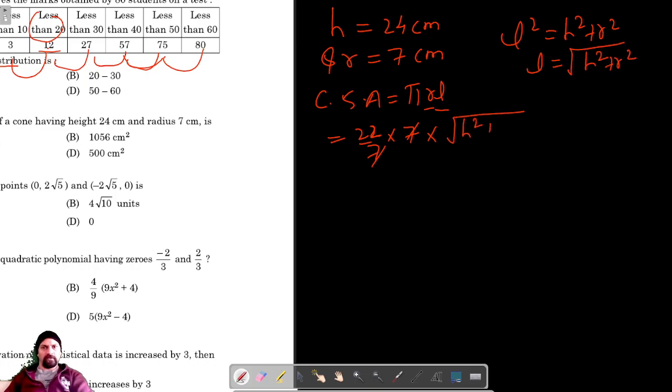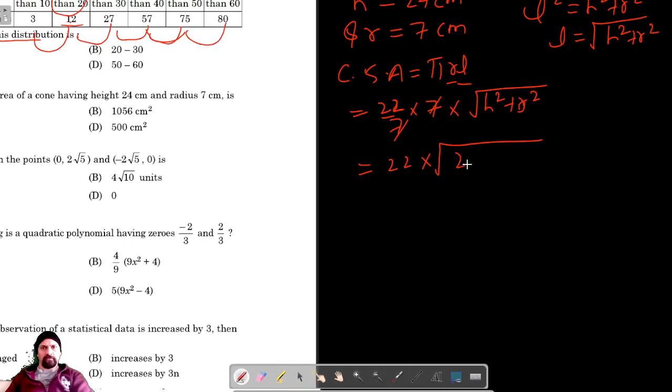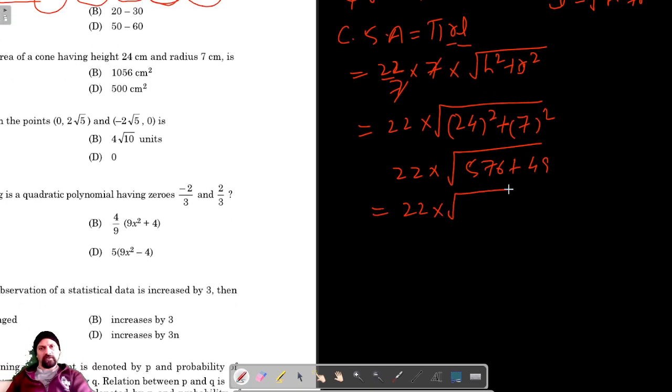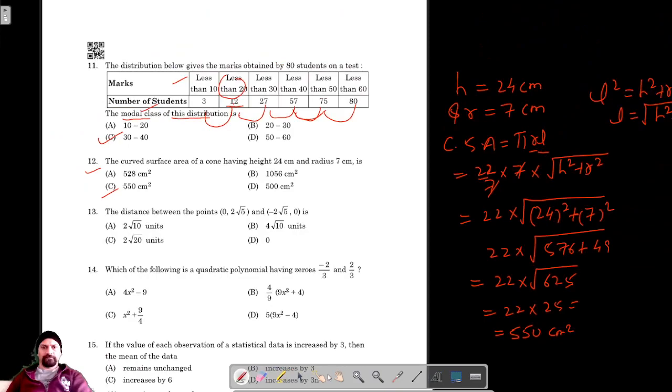So this is 22 into the square root of 24 square plus 7 square. 24 square is 576, 7 square is 49, which gives us 22 into the square root of 625, and 22 into 25 is 550 centimeter square. So C is the correct option.